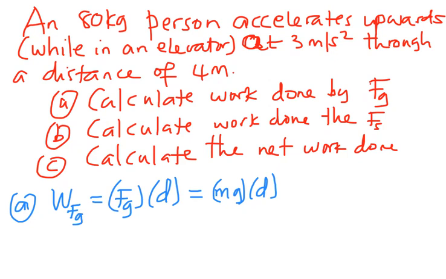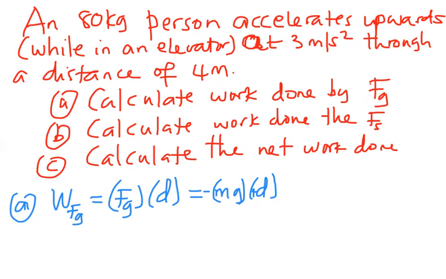So I'll put a minus sign here to indicate gravity is acting downward and distance is upward. That means the work done by gravity will be negative.